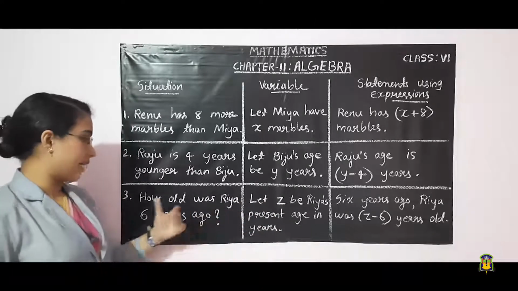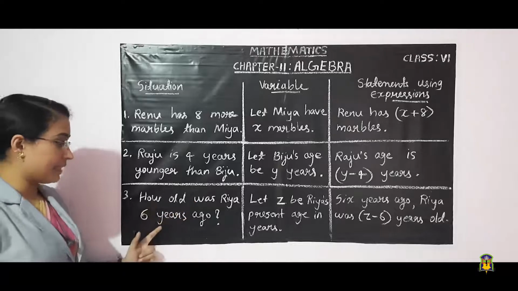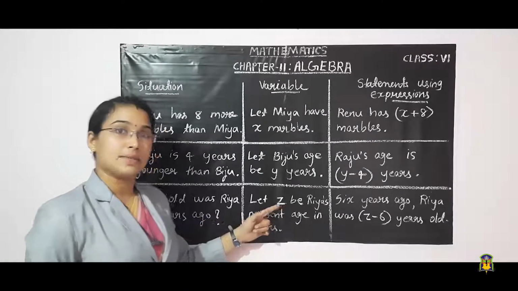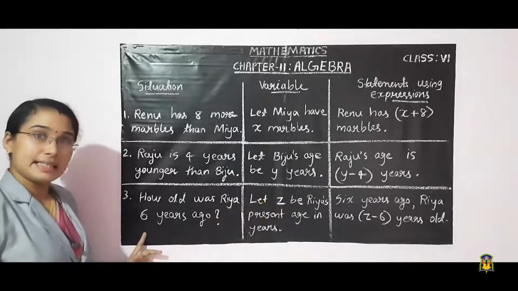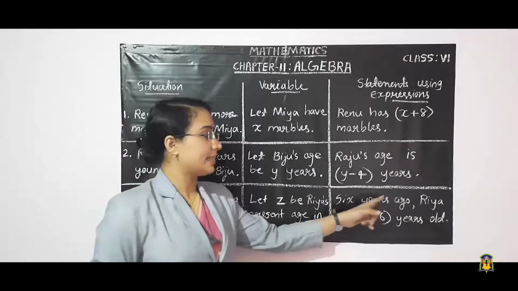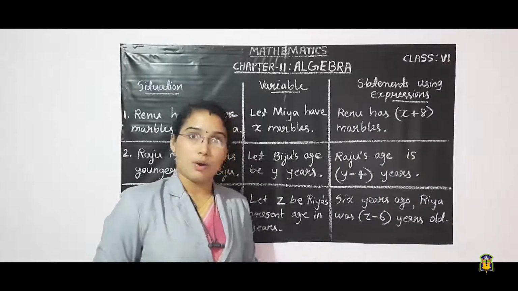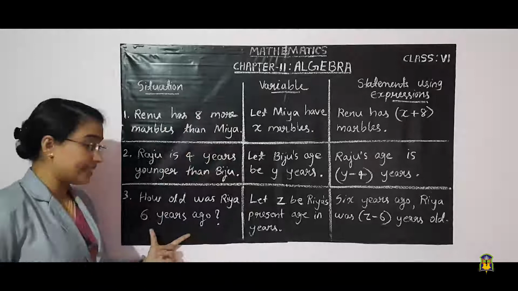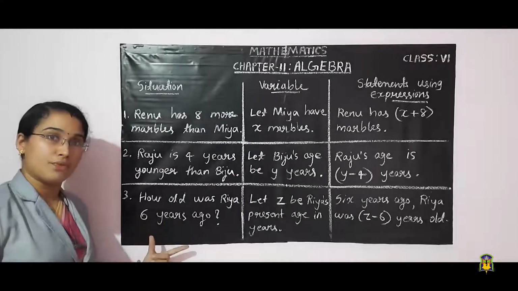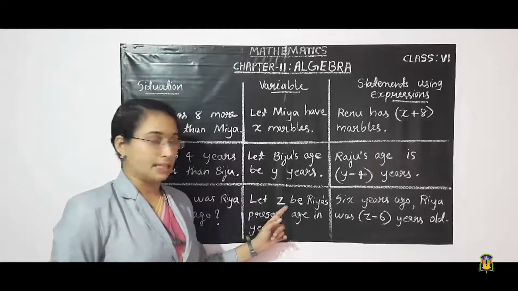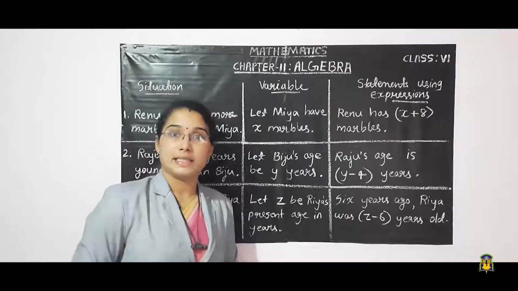Then we can find Ria's age 6 years ago. Present age is z, so we write z minus 6. So 6 years ago Ria was z minus 6 years old. Here 6 years ago means 6 years before, so we subtract 6 from the present age.